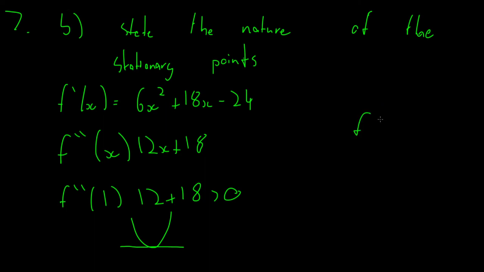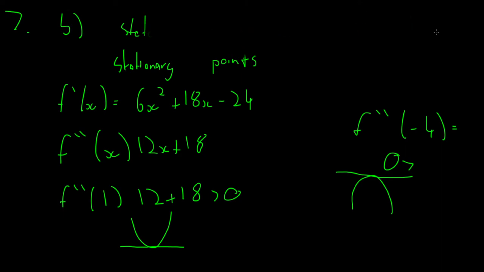And we'll do f double dash minus 4. So you don't actually have to work this out because it's pretty obvious it's going to be negative, which means it'll be sad. So what this means is that this is going to be the final answer.